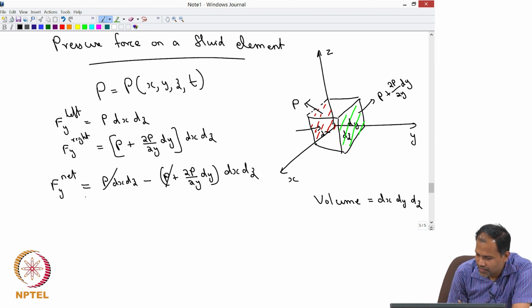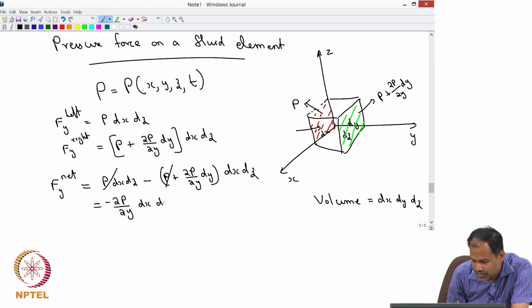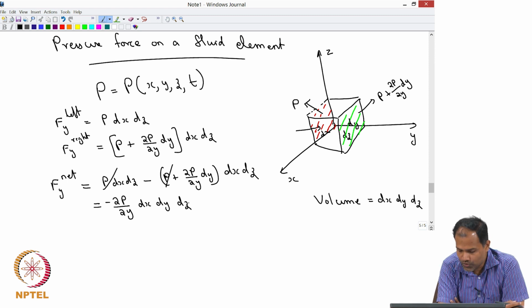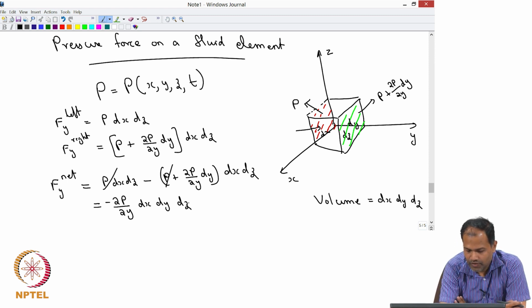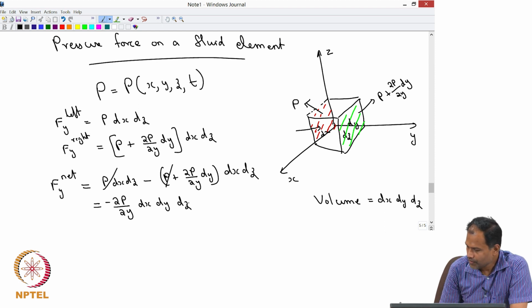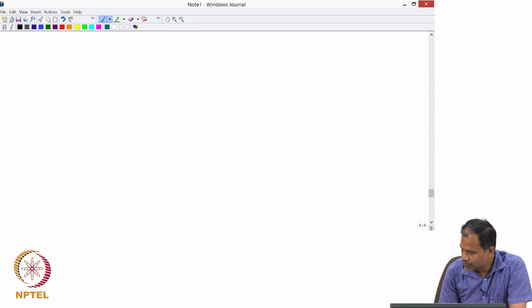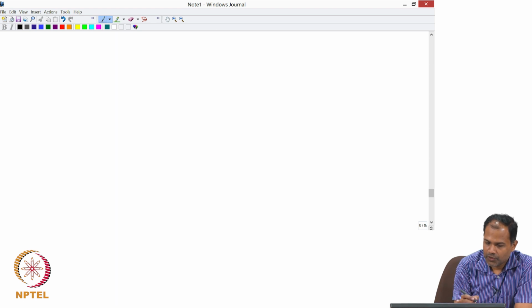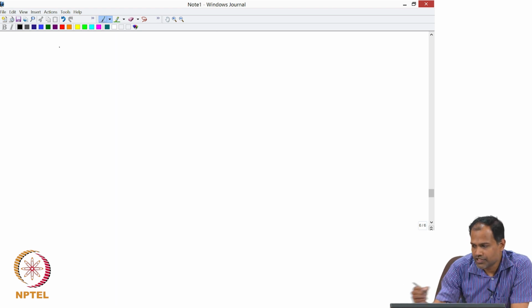P will cancel and you end up with minus dou p by dou y into dx dy dz. That is the force arising in the y direction due to pressure. We can do the same thing in the x direction as well as in the z direction.